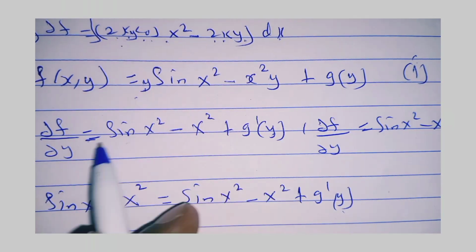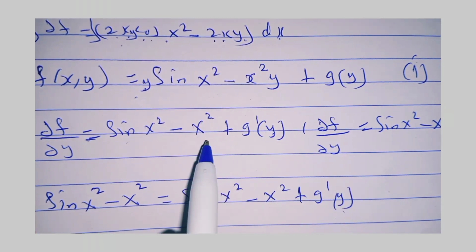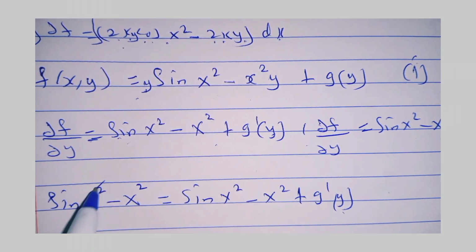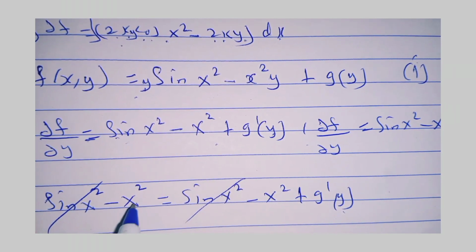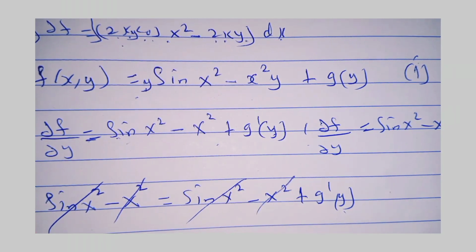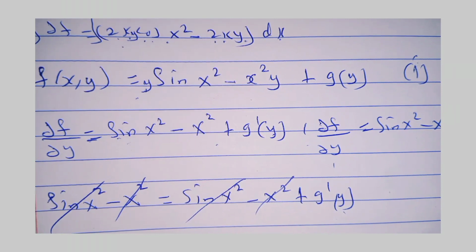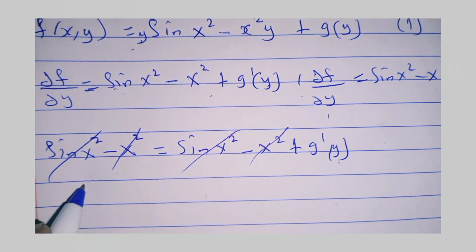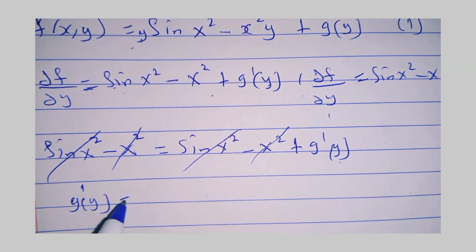You can see sin(x²) will cancel, and also x² and x² will cancel, meaning that g prime of y is equal to 0.